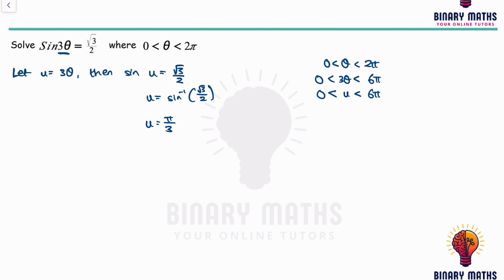If I do inverse sine of root 3 over 2, then u is equal to pi over 3 as my first value. And to draw the sine graph going up to 6 pi, remember every 360 it repeats itself.